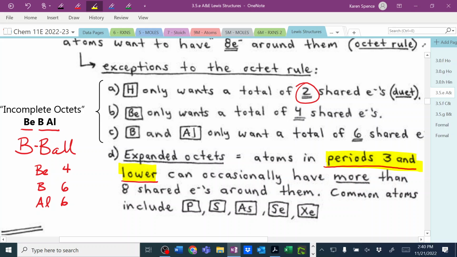We're in shell number 3 when we're in period number 3. But are there any 3Ds in period 3? No, because they don't start until period 4. So there is an empty 3D subshell in period 3 that's not being used at all. So if you want to cram extra electrons in there, you can do it.